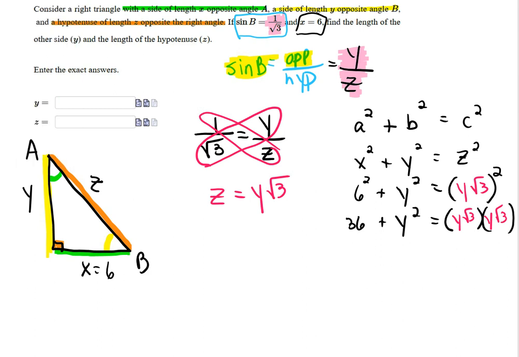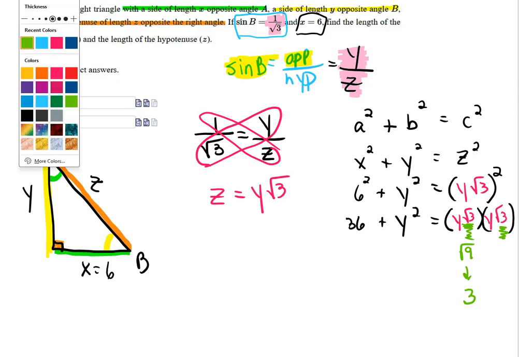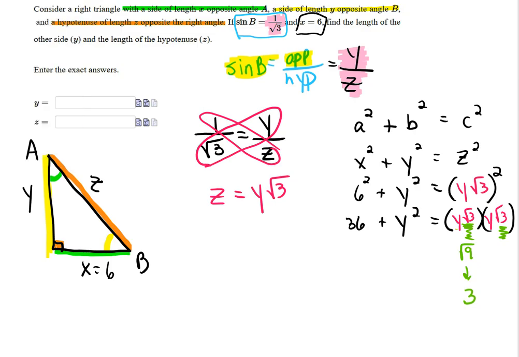When you multiply the square root of 3 times the square root of 3, that is the square root of 9, which is just 3. And if you multiply this y times that y, you get y squared. So at this point, I have 36 plus y squared equals 3y squared.